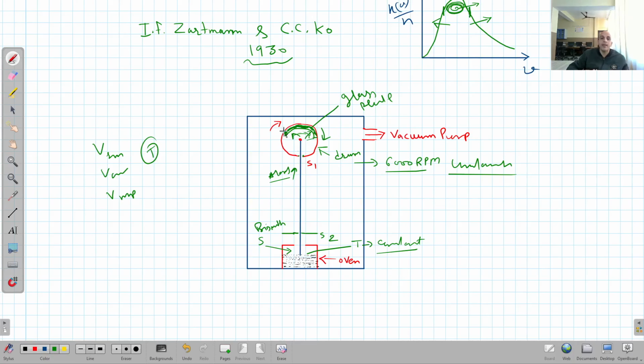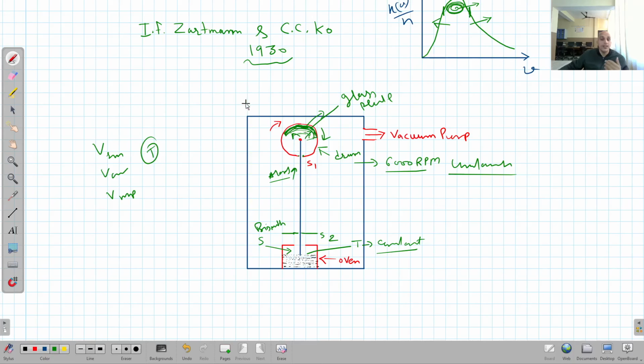In the actual experiment, Zartman and Ko operated this entire experiment for 8 to 15 hours. Then they removed this glass plate and analyzed the atoms or molecules collected here.